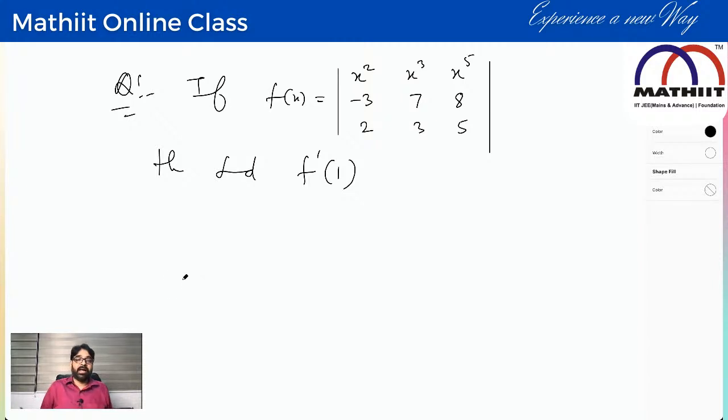Do you understand? Means find f'(x) and then put x equal to 1. Quickly, and write your answer. Everyone. Quickly and write the answer. Everybody.